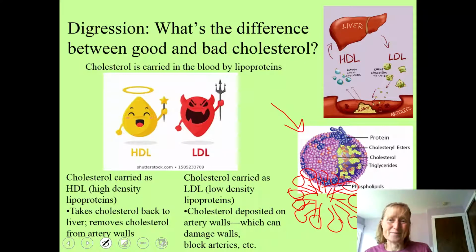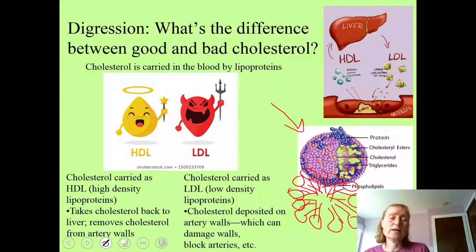Low density lipoproteins are considered the bad cholesterol because they deposit cholesterol on the artery walls. That can lead to real problems. You can get blockages, plaques building up that can lead to an increased risk of stroke, heart attack, those kinds of things.